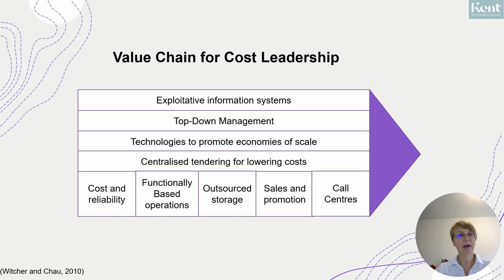So here it's about exploitation, so using what you have instead of exploration. Exploration would mean you look into new ideas, try to develop the product further, invest in research and development. You don't do this when you are fully focused on cost leadership. Here it's really about exploiting information, getting data about the customer, to reduce the cost as much as possible.